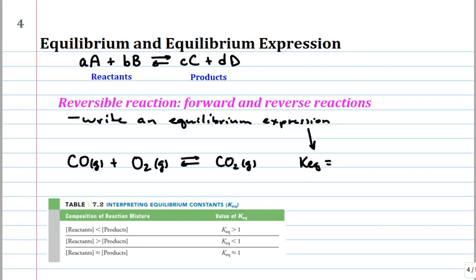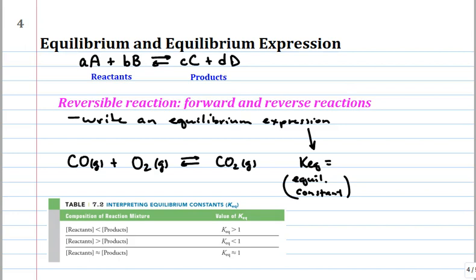So let's look down here. KEQ, capital K, lowercase eq, is called the equilibrium constant. And so here's our reaction. It's in equilibrium. We know it's in equilibrium. It can go to the left or it can go to the right.